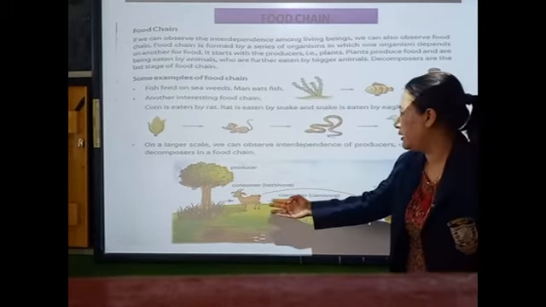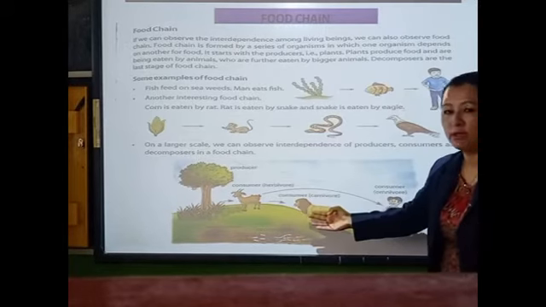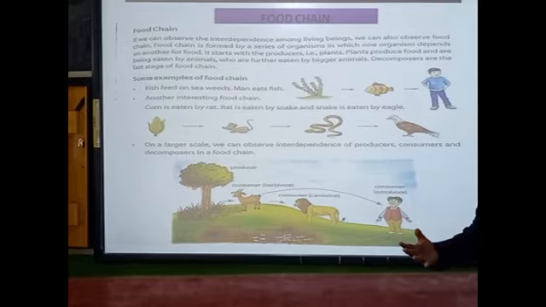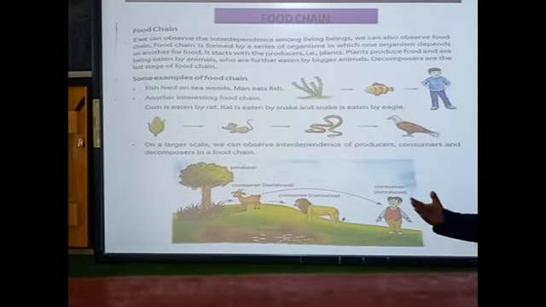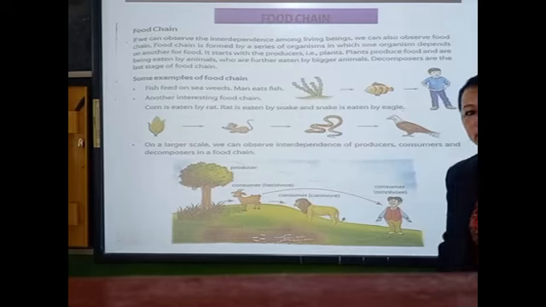And all these three, that is producer, the primary consumer and the secondary consumer, once they die, they get eaten up by decomposers.